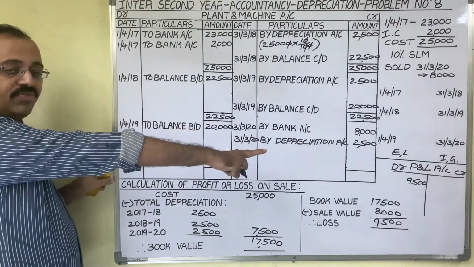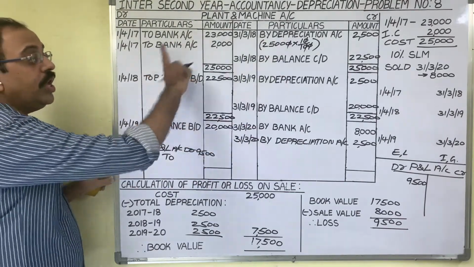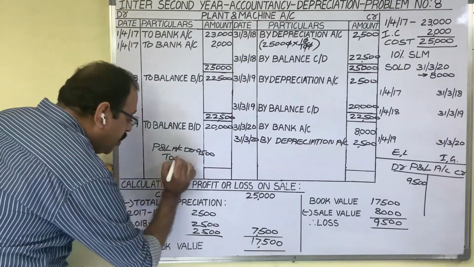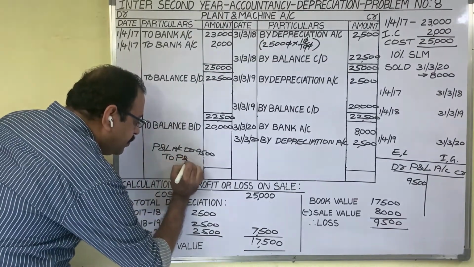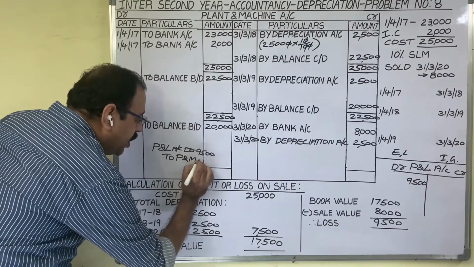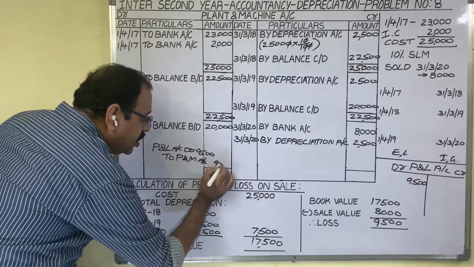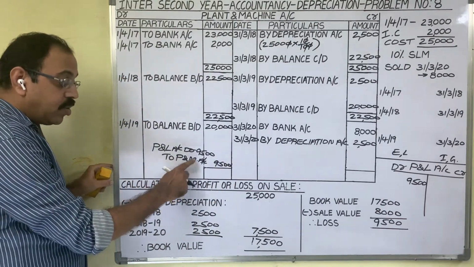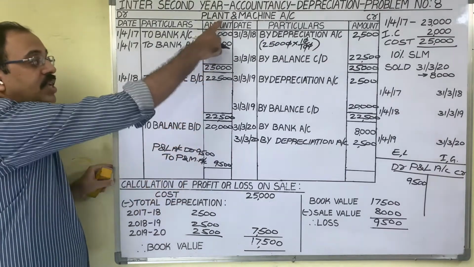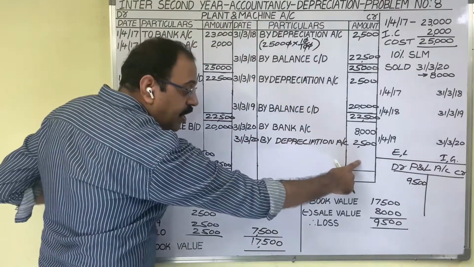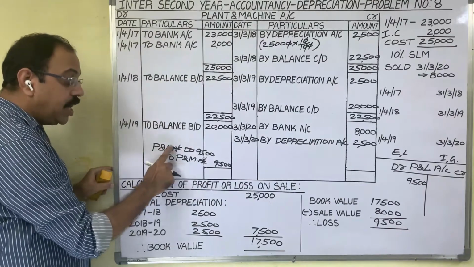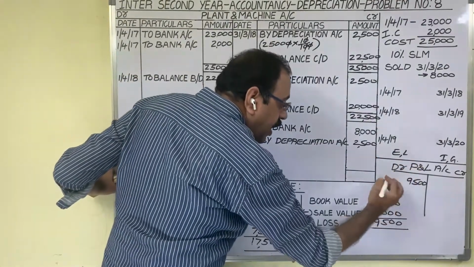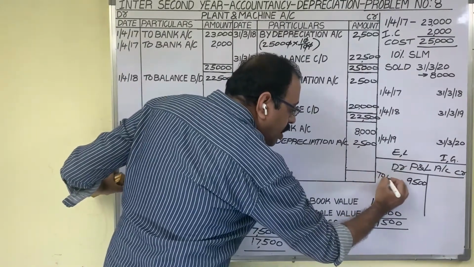This 9,500 I want to show in plant and machinery account also. Therefore, we should credit plant and machinery account 9,500. As plant and machinery account is credited, it appears on the credit side of this account, and as P&L account is debited, in the profit and loss account debit side we should write 9,500.